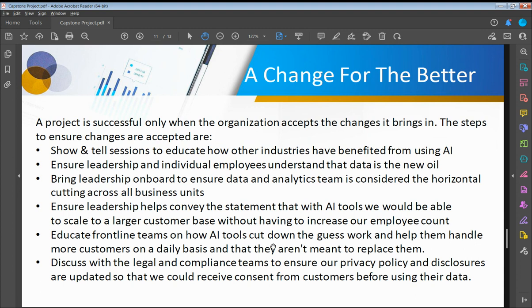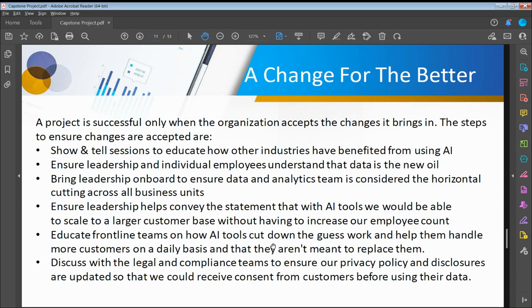So each person becomes more and more effective, with some of the guesswork being taken care of by the AI tool. That is the kind of messaging that has to be conveyed by the leadership, so that the employees are not fearful of getting replaced by AI.